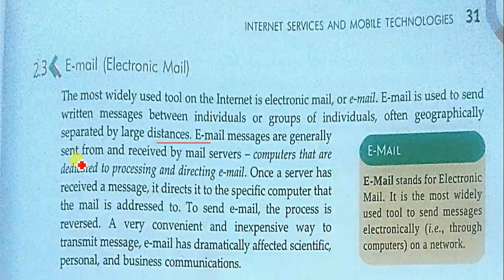Email messages are generally sent from and received by mail servers, computers that are dedicated to processing and directing the emails. Once a server has received a message, it directs it to the specific computer that the mail is addressed to. To send email, the process is reversed, a very convenient and inexpensive way to transmit messages.